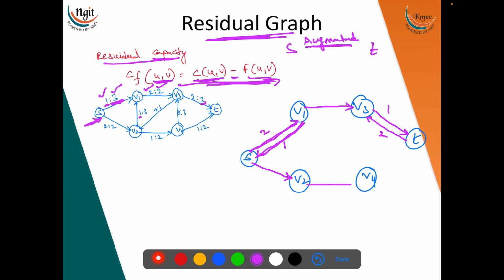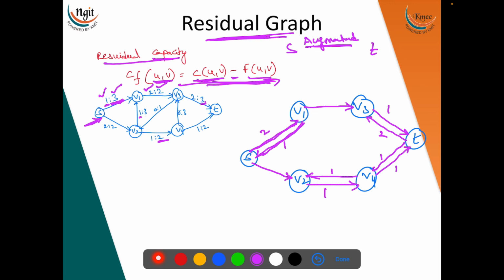V2 to V4, flow 1 of 2, that means 2 minus 1, which is 1. The other path will also be 1, because the maximum capacity is 2. So 1 plus 1 is 2. And V4 to T is also 2 minus 1, which is 1. So the opposite direction also works, which is 1.